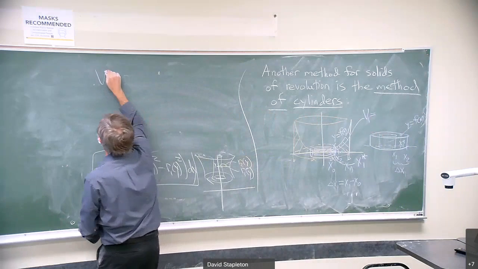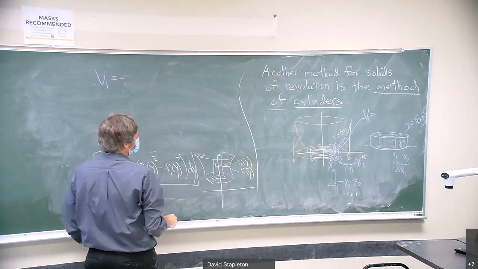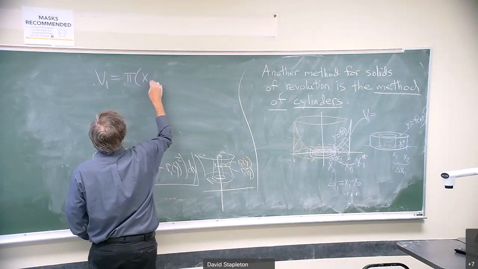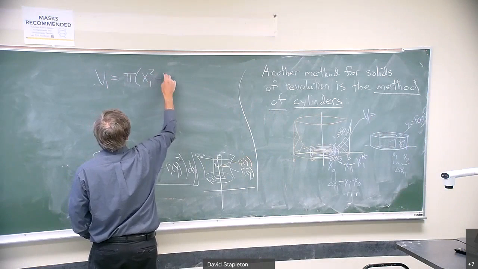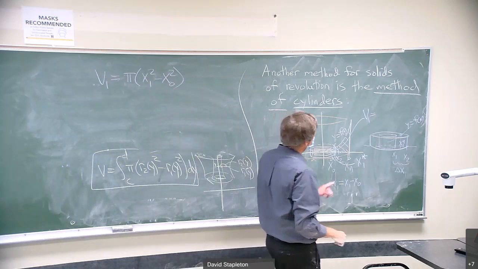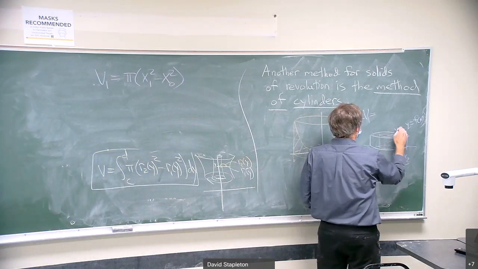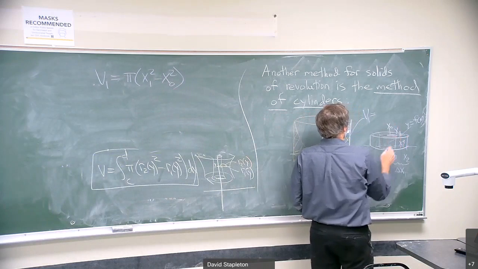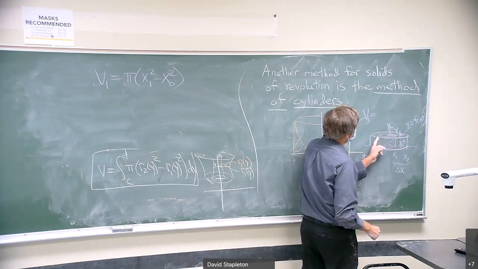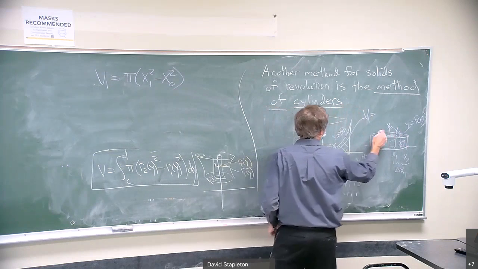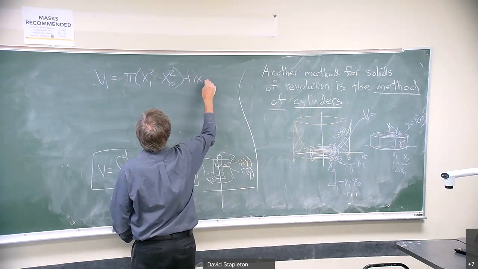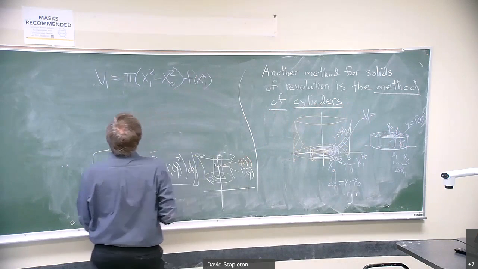So the volume is pi times the outside radius squared, which is x1 squared, minus the inside radius squared, x0 squared, right? So outside radius x1 minus inside radius x0. The area of the disk is pi r squared outside radius minus pi r squared inside radius. That's the area of the washer here, and then you multiply it by the thickness, f of x1 star, and how high it is, right?